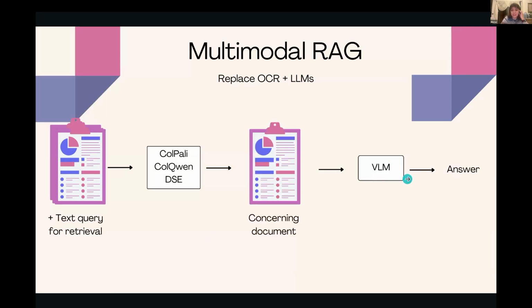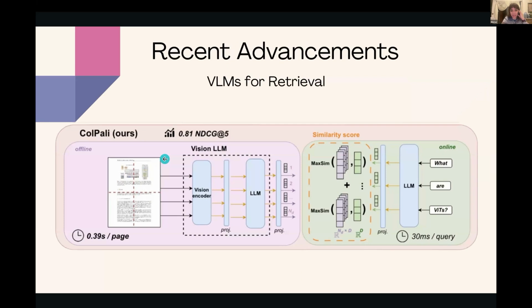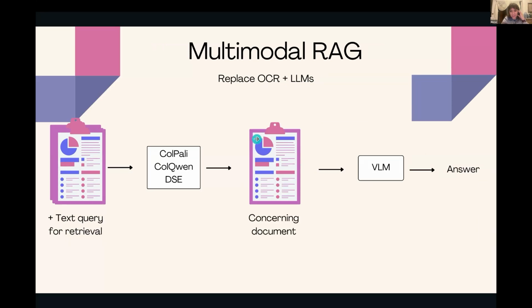But this setup instead, where you have documents and a text query and you pass it to ColPali, and take the best matching documents and pass them to a vision language model, sort of like visual question answering, and get the augmented answer, is way better.